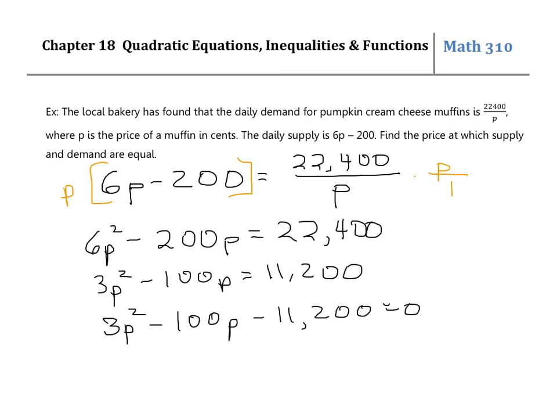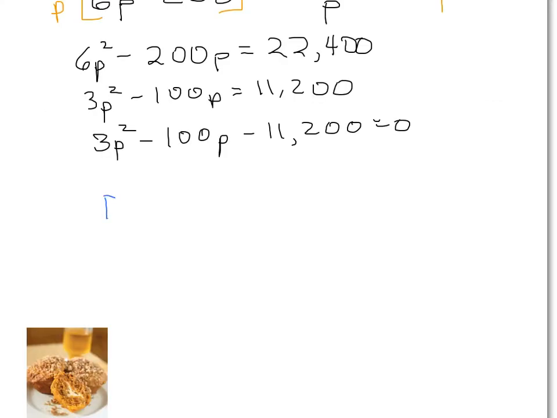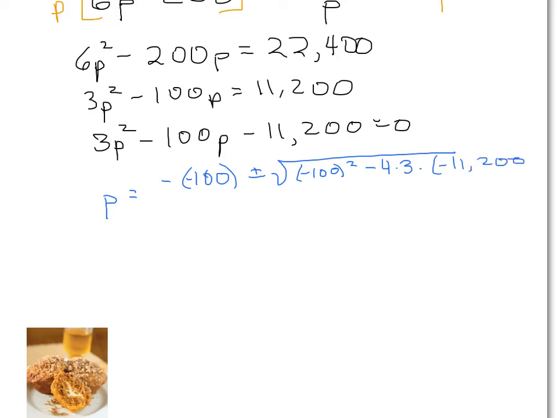And then we're setting our equation to 0 so that we can apply the quadratic formula. So p is going to equal negative b, which is negative 100, plus or minus the square root of b squared minus 4ac, all of that over 2 times a.